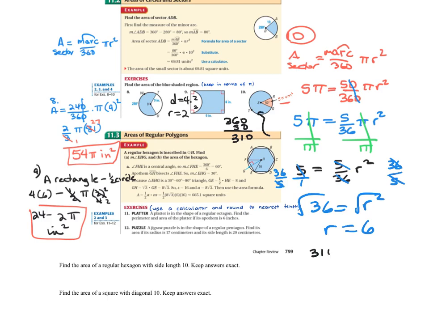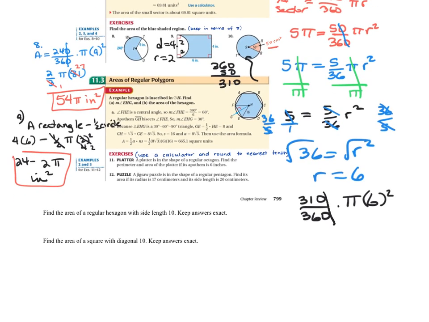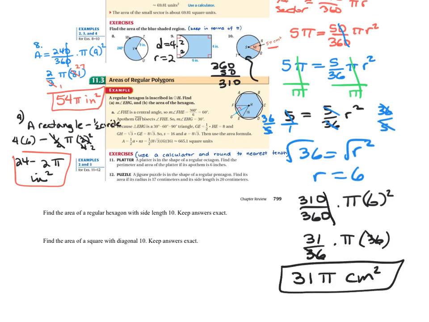So I'm going to do 310 over 360 times pi r squared, and again my radius is 6. I could simplify the zeros: 31 over 36 times pi times 36. The 36's cancel. So the area of my sector is 31 pi, and these were centimeters squared. And that's number 10.